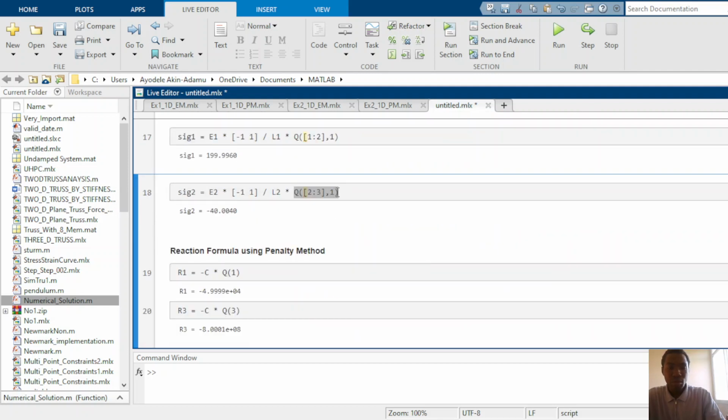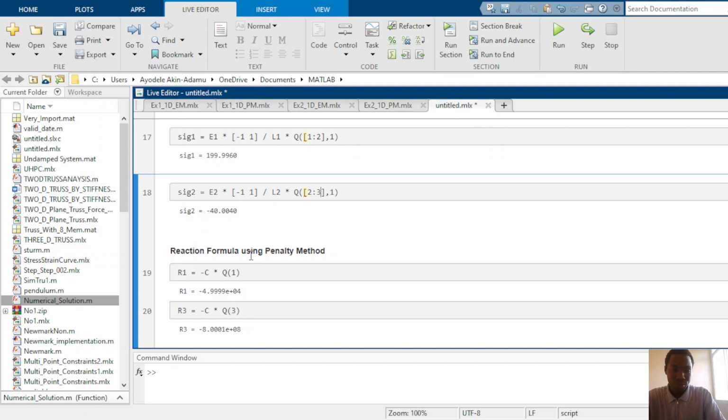So I use this code to extract the two values. L2 is 150 mm. E2 is the Young modulus of finite element 2. So I run this code, I get minus 40.004 MPa, but the actual value is 40 MPa. So you can see how close this finite element solution is to the hand calculation.